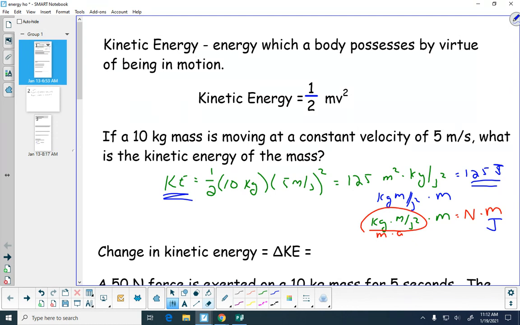With that, we just did a section on work that was also in joules. So the mind should think there's a connection between kinetic energy somehow and work, because both the units come down to joules.